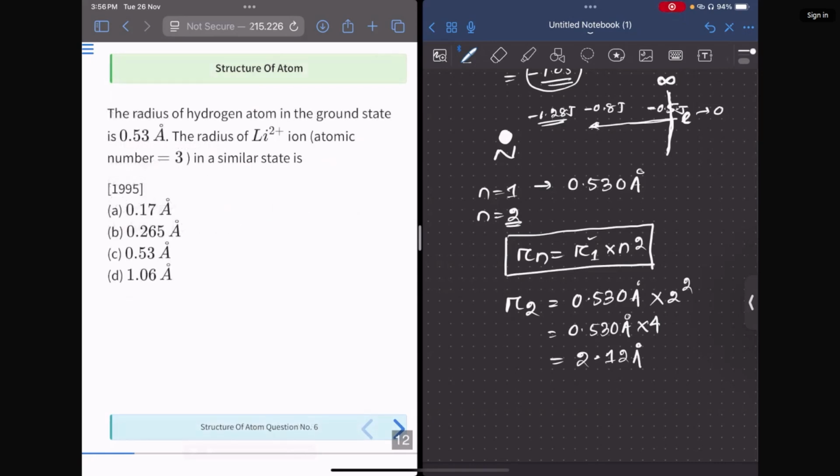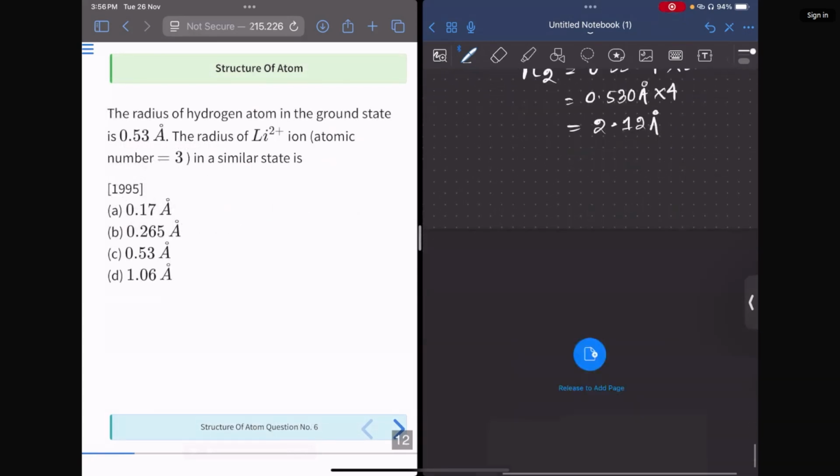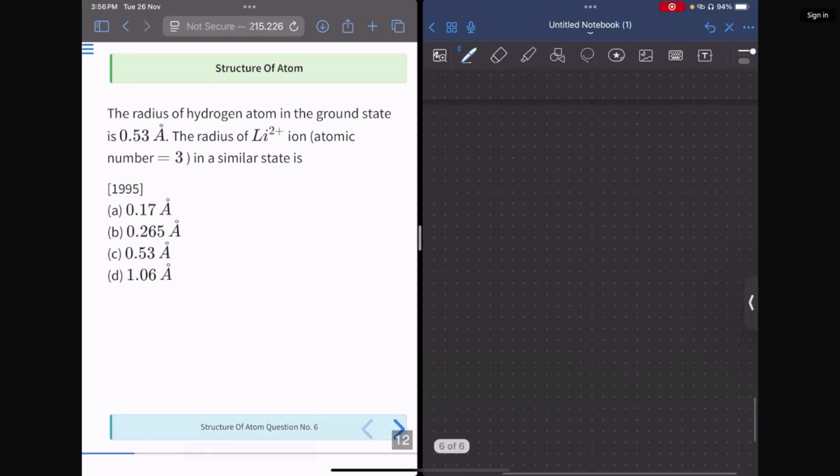Question number 6. The radius of hydrogen atom in the ground state is 0.53 angstrom. The radius of lithium 2 plus ion in a similar state is. Notice the difference between the previous question and this question.